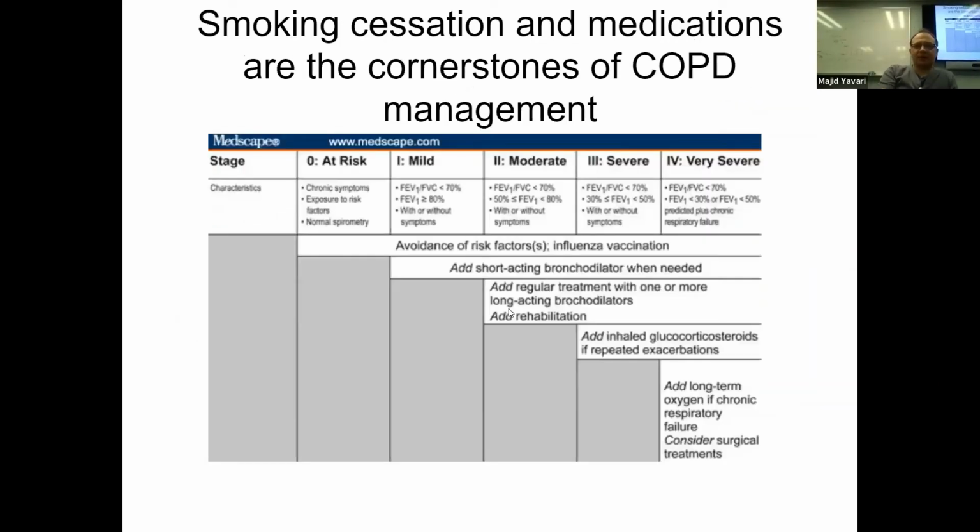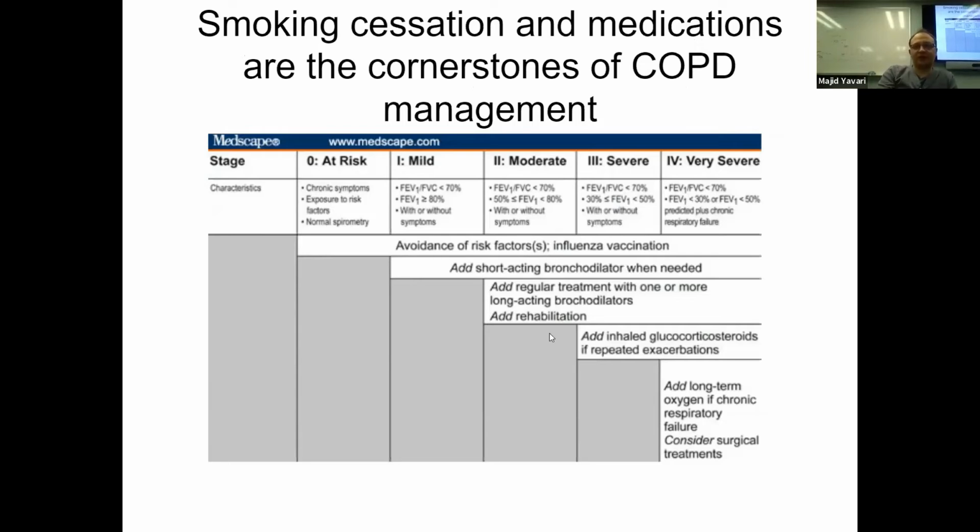The cornerstones of COPD management, number one, is smoking cessation. If your patient's still smoking, it almost doesn't matter what else you do. You're not going to keep them out of the hospital when they have severe COPD. Then medication management is very much like asthma, based on the severity of the disease.